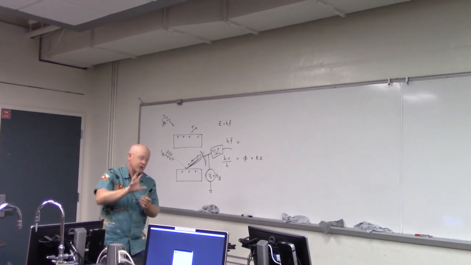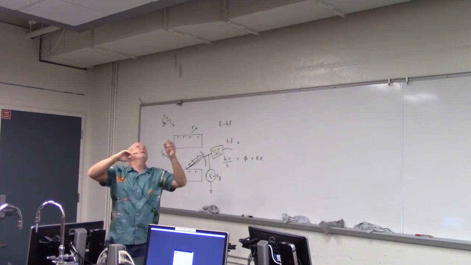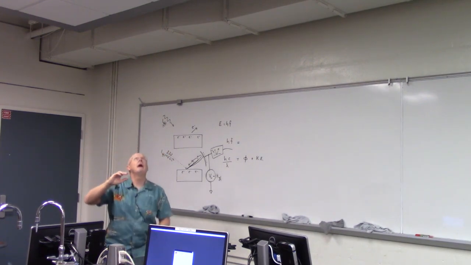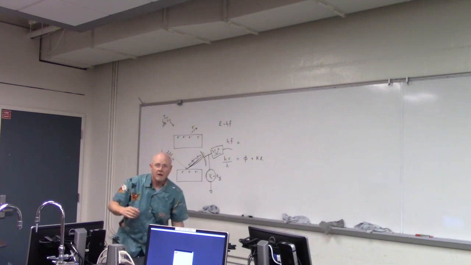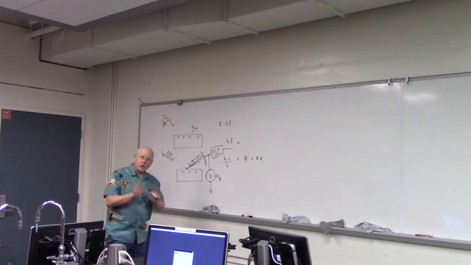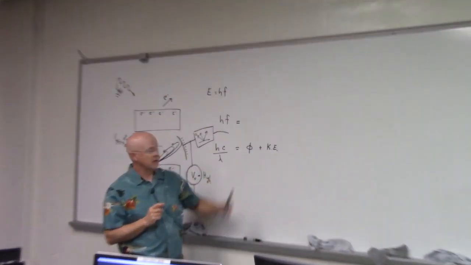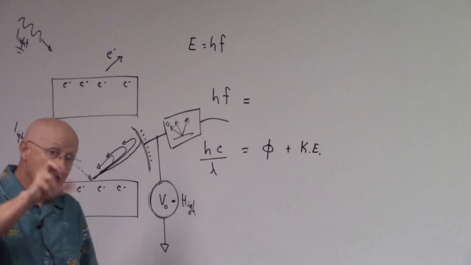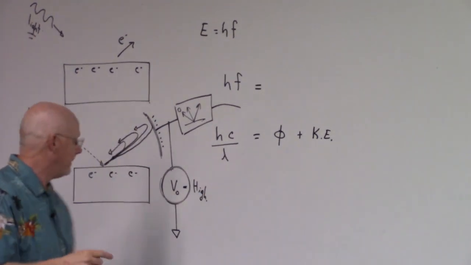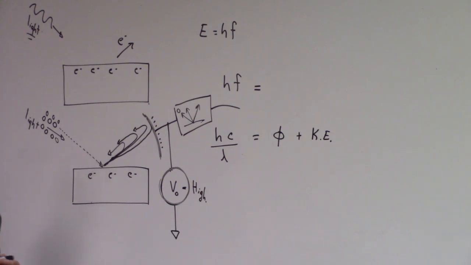And so what we're going to do is hopefully get a perfect match, that it goes up and it just barely touches the ceiling right there. And at that point, then, we could argue that we know what the kinetic energy is of the ejected electrons. We know that the kinetic energy is equal to the energy that was used to stop it.